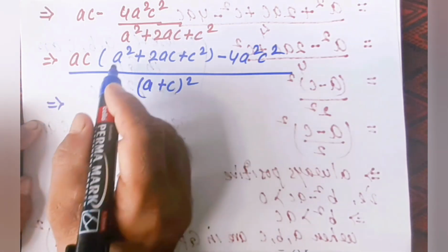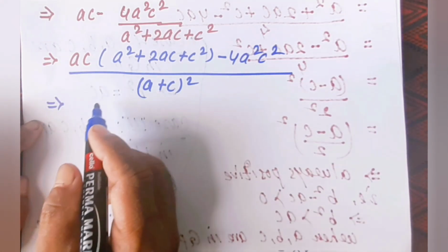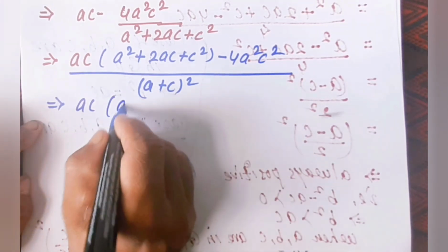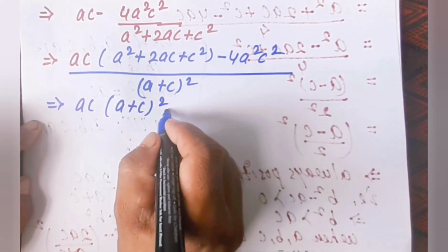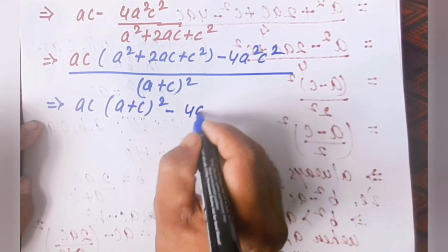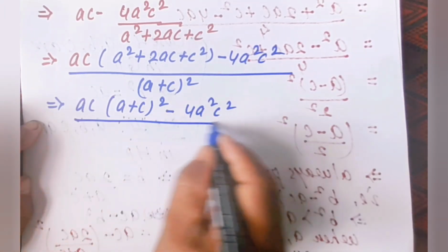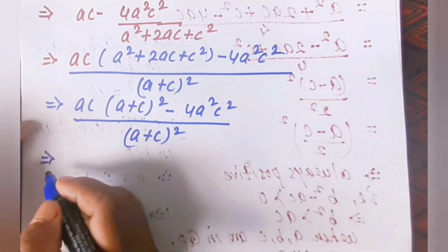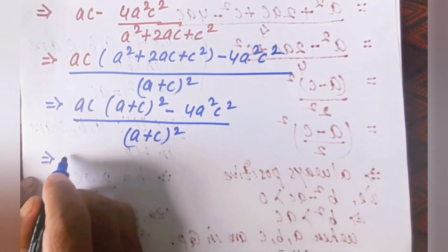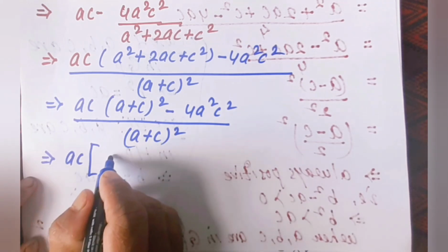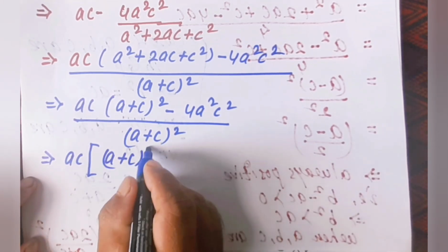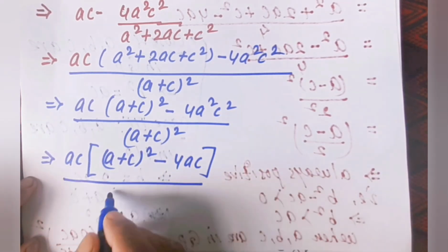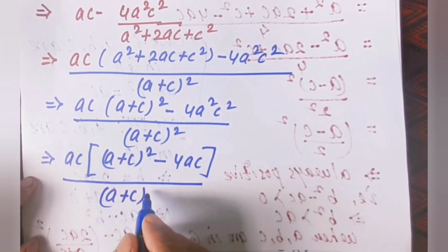Now this becomes AC into the whole square of (A plus C) minus 4A square C square, whole upon the square of (A plus C). Now taking AC common, we get the square of (A plus C) minus 4AC, whole upon the square of (A plus C).